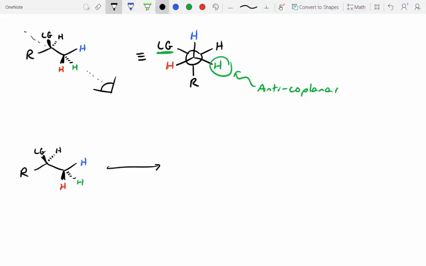And if we've got some generic base, let's even just assume that it's sodium hydride. This sodium hydride would like to deprotonate this green one because it's in the correct orientation where it's anti-coplanar. It will clamp down and then kick off this leaving group, all in one concerted step.